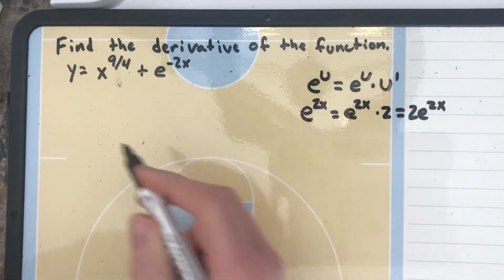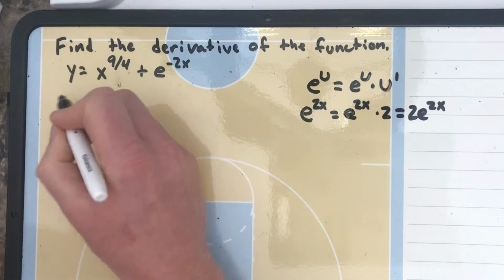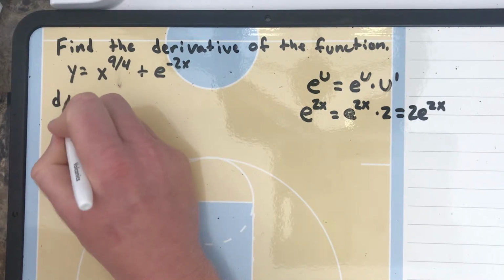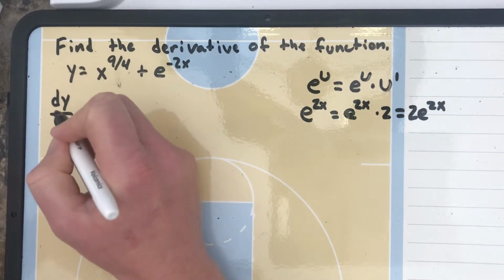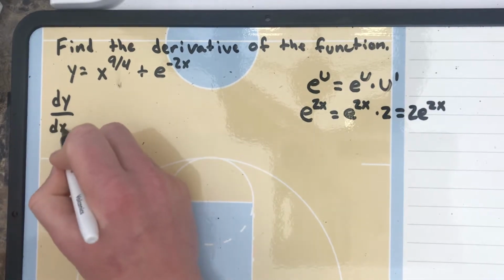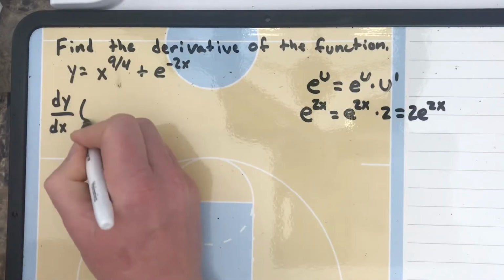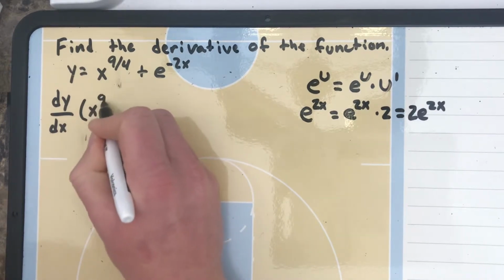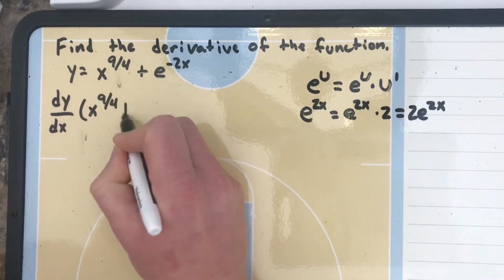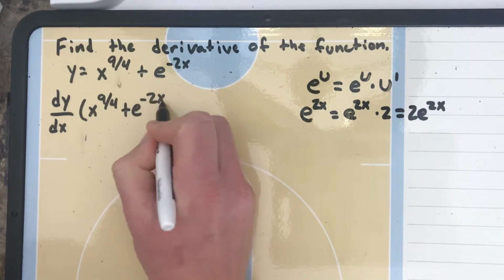So let's come back here and write this as, we're going to take the derivative of y with respect to x, and we're doing that for this function, which is x to the 9/4 plus e to the negative 2x.